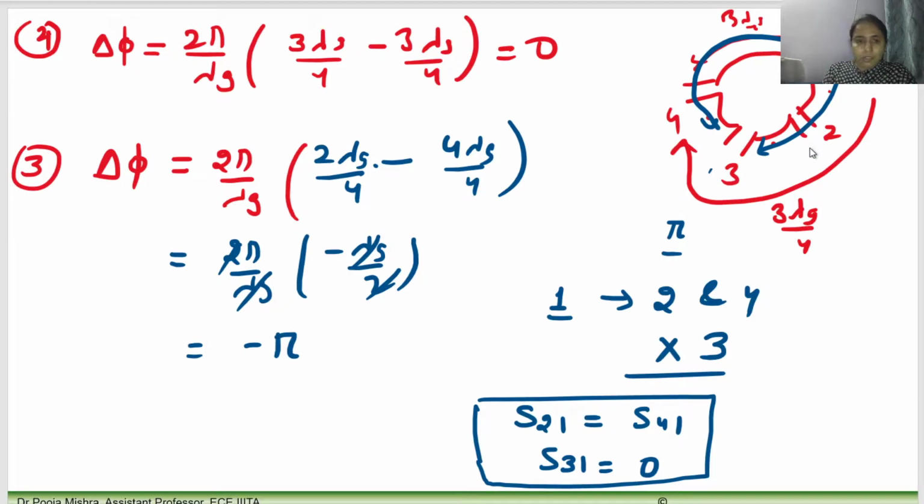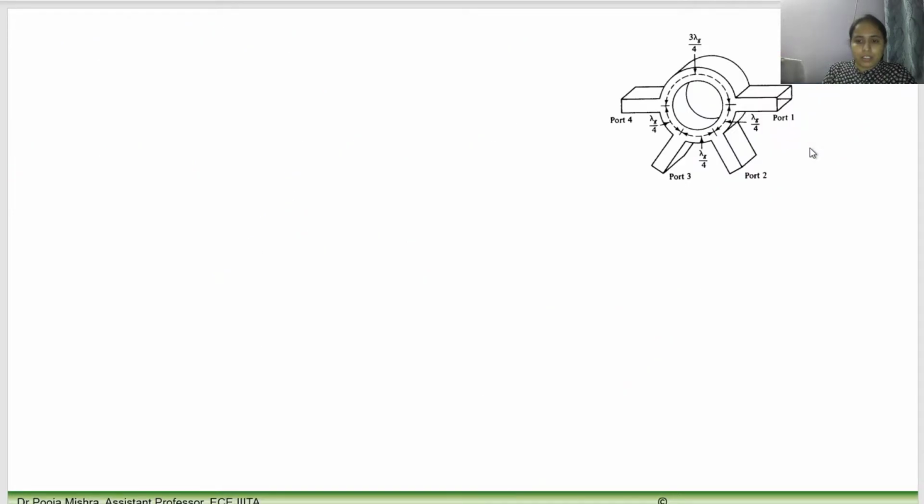Okay, so let's derive the scattering matrix here. So what will be the scattering matrix here? Earlier we have seen if it is a 3-port network, it cannot be matched at all 3 ports, if you remember. But here in a 4-port device, it can be matched at all 4 ports at the same time.